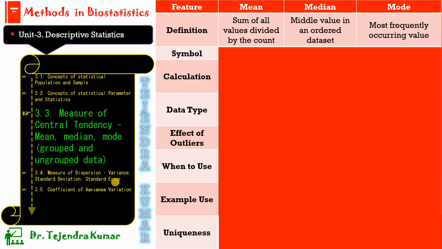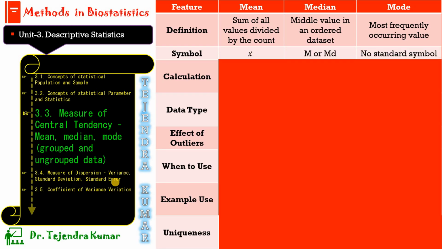Mode. Mode is the most frequently occurring value. It means the number which occurs with the highest frequency will be considered as the mode. Symbol. For mean, the X bar symbol is used.